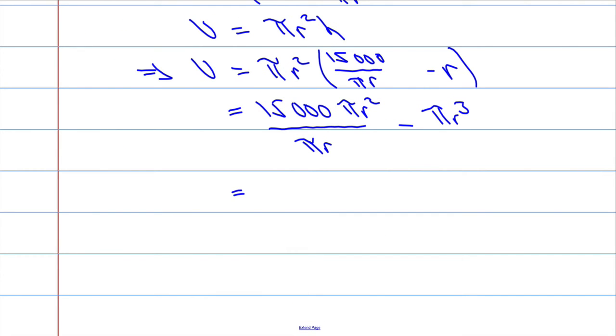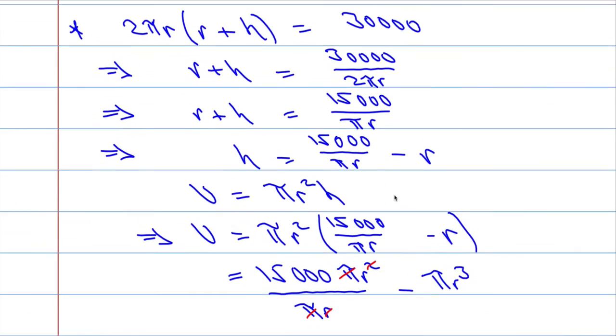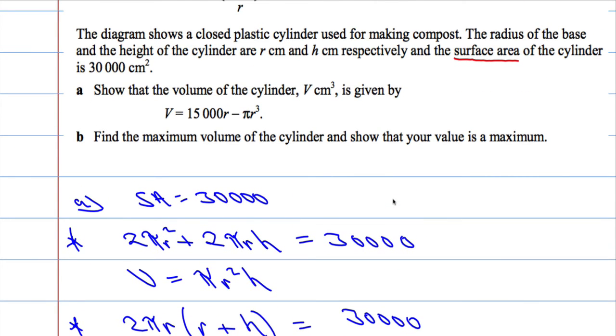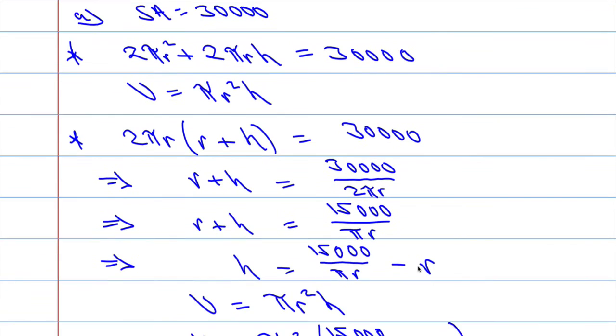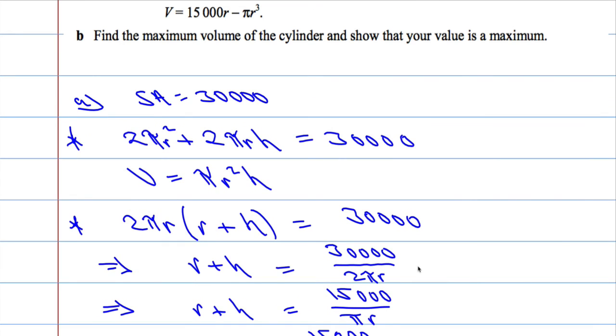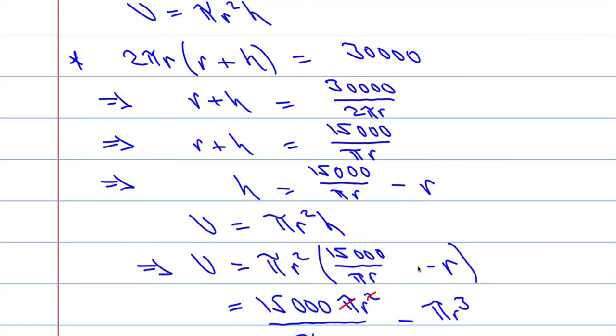Hopefully you can see that the pi cancels with pi and r goes into r squared, leaving us with 15,000 r minus pi r cubed. What were we looking for? Perfect, 15,000 r minus pi r cubed. Okay, excellent. Next part is to find the maximum volume of the cylinder and show that it's a maximum.